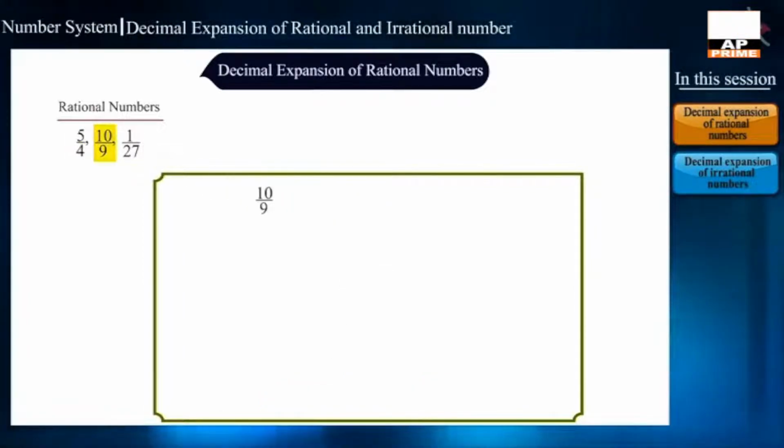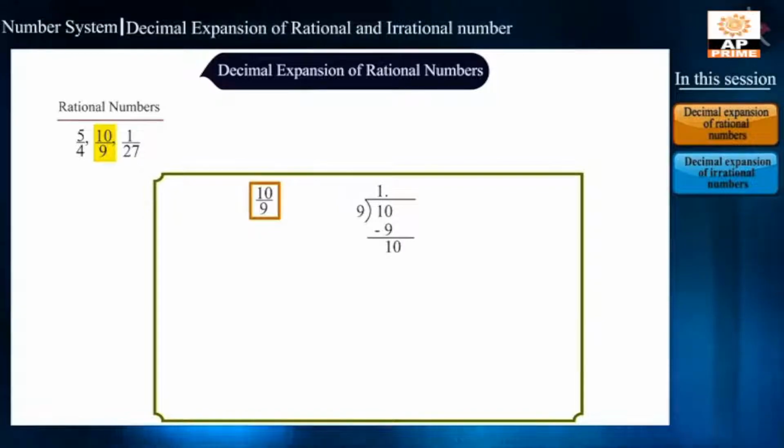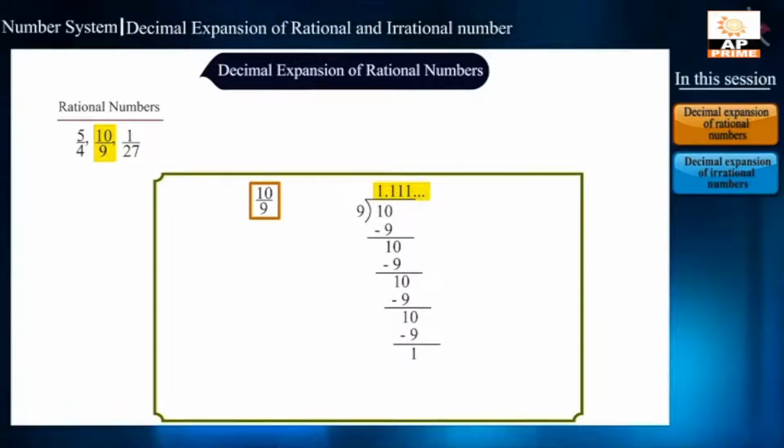Now let's take the next example, 10 by 9. Here, when 10 is divided by 9, the remainder 1 is repeating instead of getting a 0. Similarly, in the quotient also, 1 is repeating and its decimal expansion is continuing in form of 1.1111.